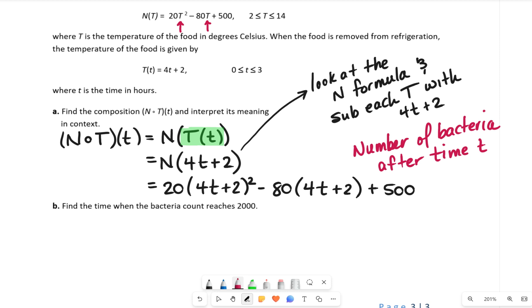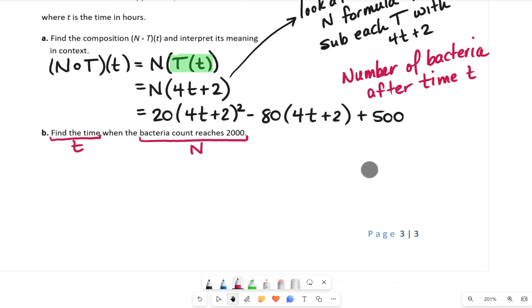Now in part B, they're asking you to find the time, which is t, when the bacteria count reaches 2,000. The bacteria count is the number n, so we find the time when the bacteria count reaches 2,000.